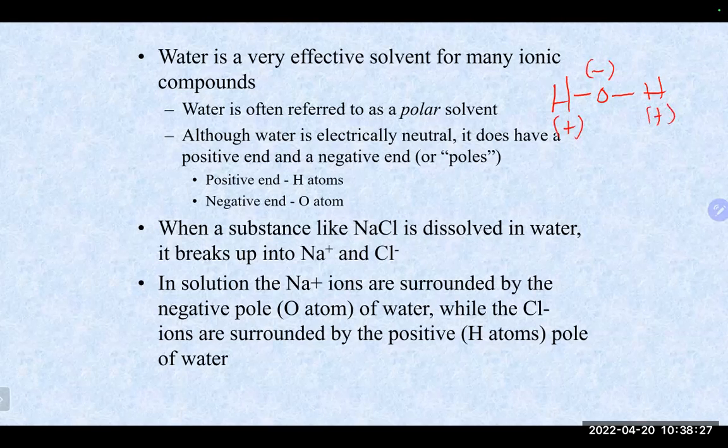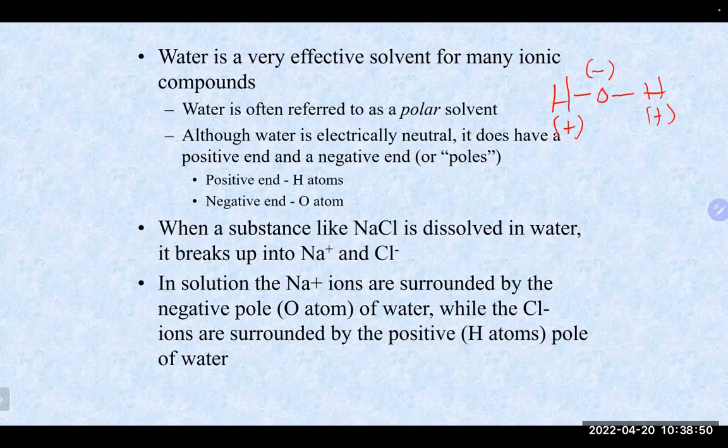That is a result of unequal sharing of electrons over the entire molecule, like we talked about in bonding. That works really well for things that are polar, that also have a positive side and a negative side. They're able to do those intermolecular forces that we talked about the other day. They can do some dipole-dipole interaction, some hydrogen bonding, perhaps.